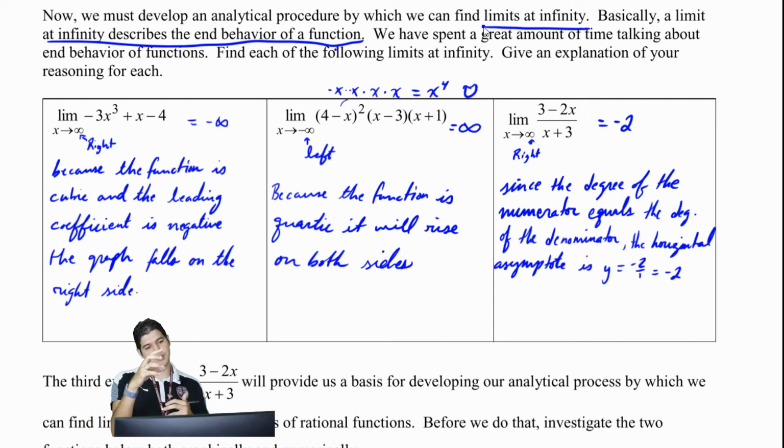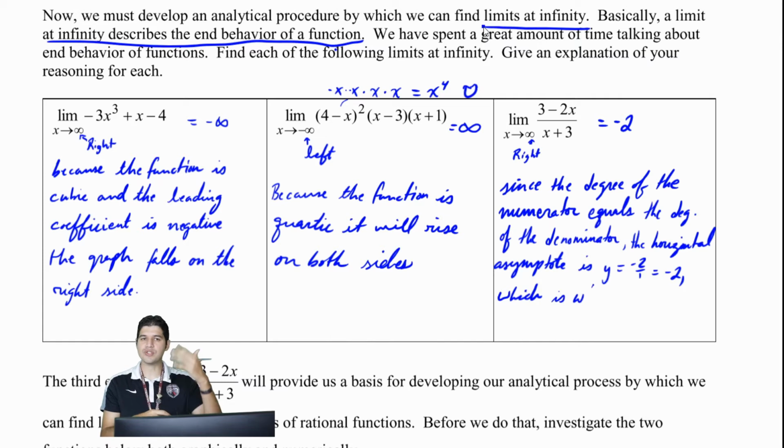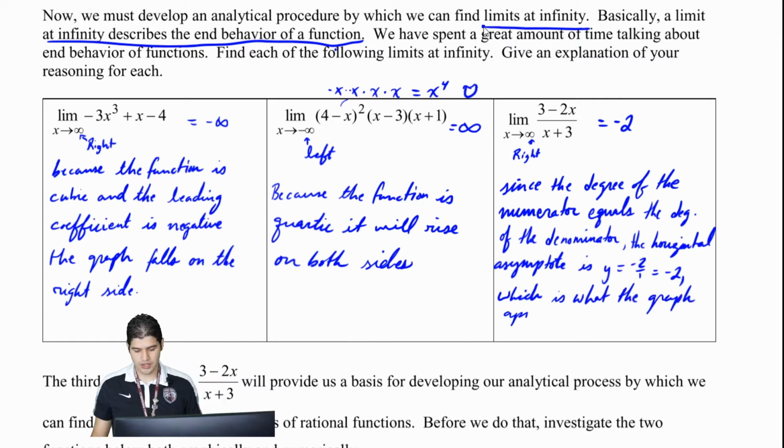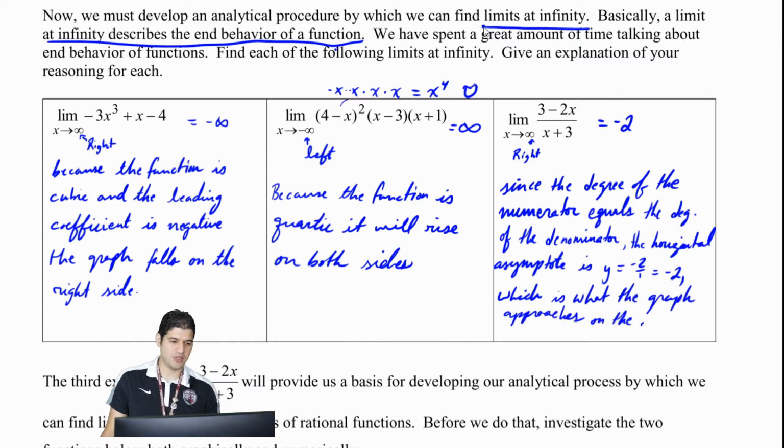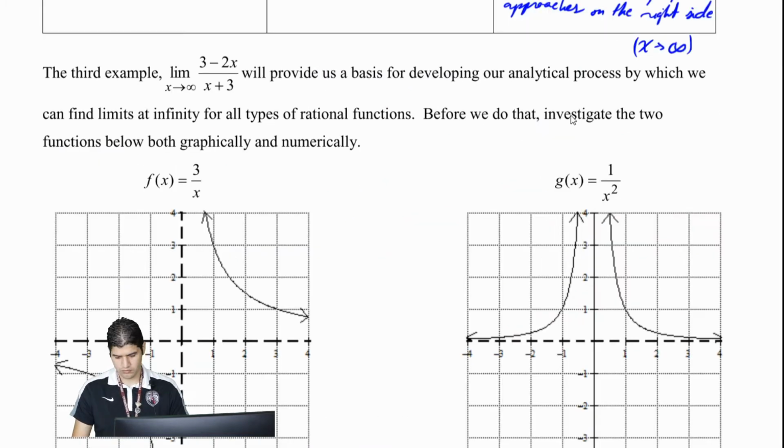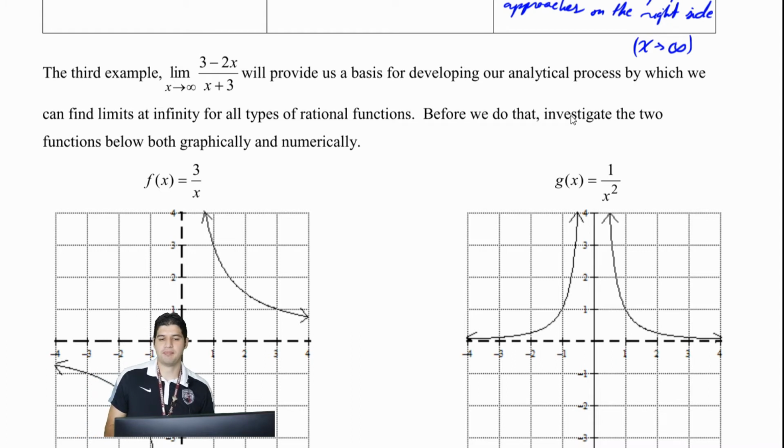So I have -2x on x, so -2 over 1. The horizontal asymptote is going to be equal to -2. That previous example is going to give us a basis for developing our analytical process by which we can find horizontal asymptotes or limits at infinity for any type of rational function.